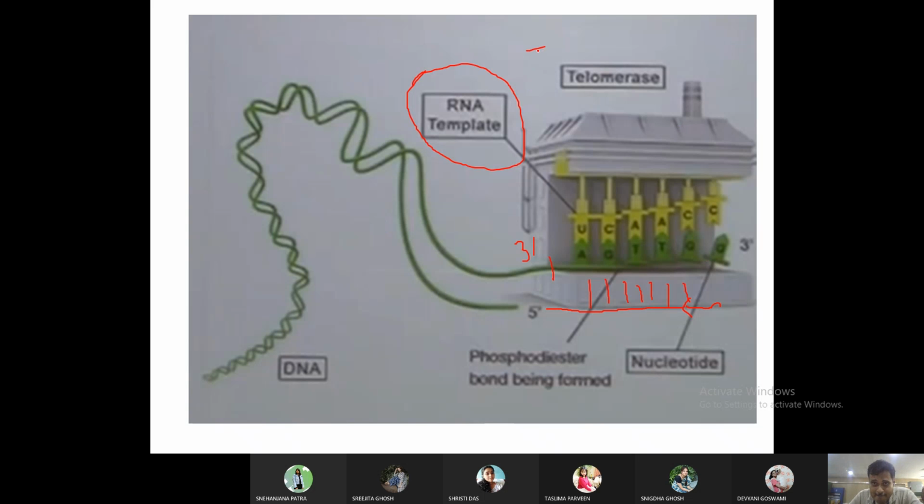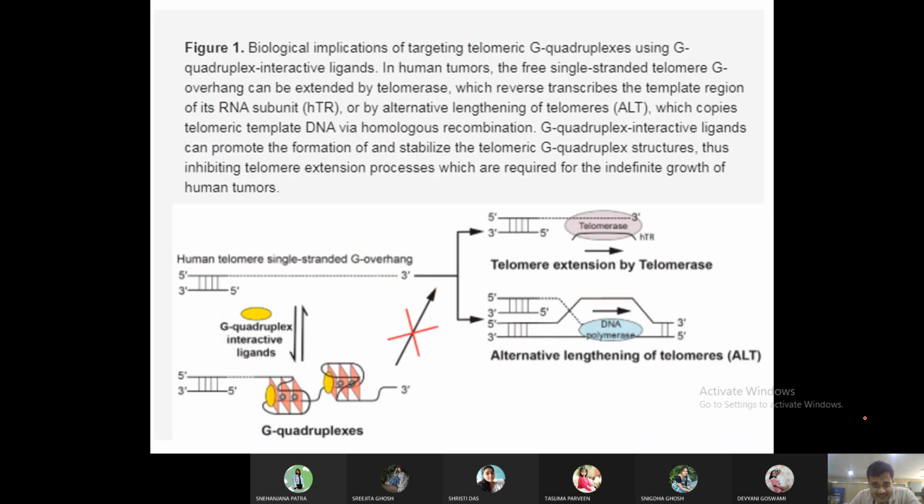TTAGGG, again TTAGGG. You see there are 3 Gs coming at regular intervals. So these Gs can form G quadruplex, and these G quadruplexes can form.